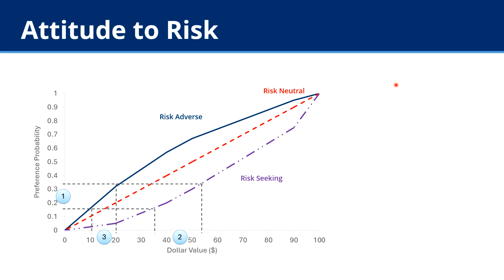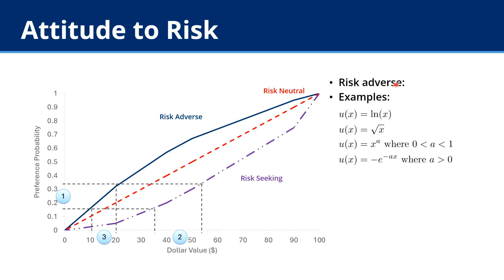Some examples of such curves are the ln curve, so a curve like ln x would have a profile that looks like this, square root of x, or x to the power of a, where a is some value between 0 and 1, or negative e to the negative ax, where a is a positive value greater than 0. These are common examples of this type of risk-averse curve, Sam being one of those.